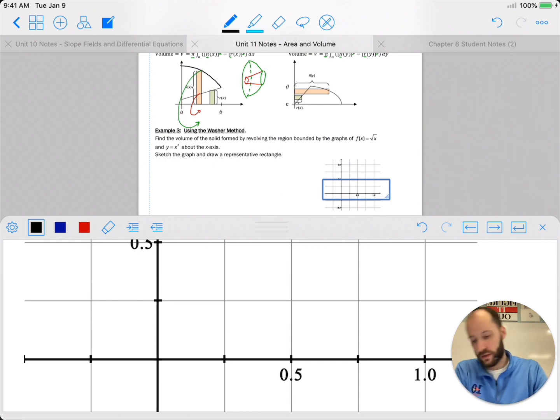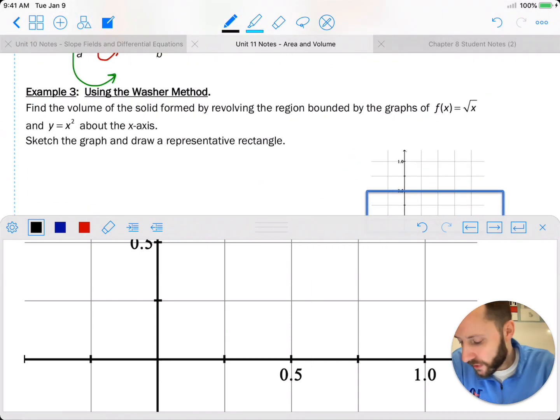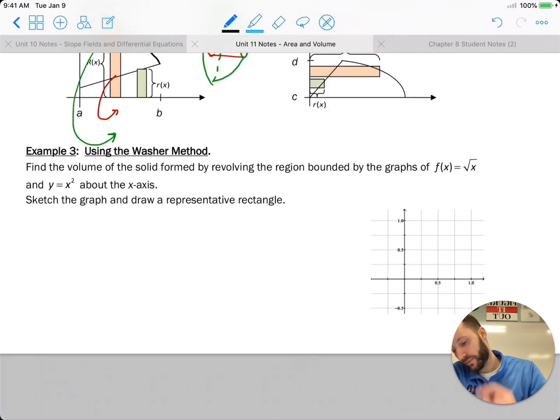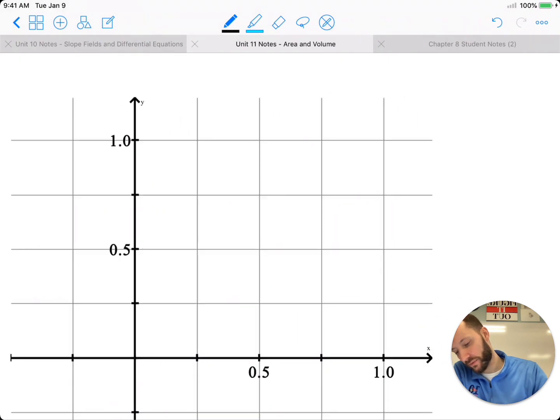So we have a volume formed by revolving the region bounded by the graph of f of x equals root x and y equals x squared about the x-axis. So we have, from 0 to 1, a square root function.